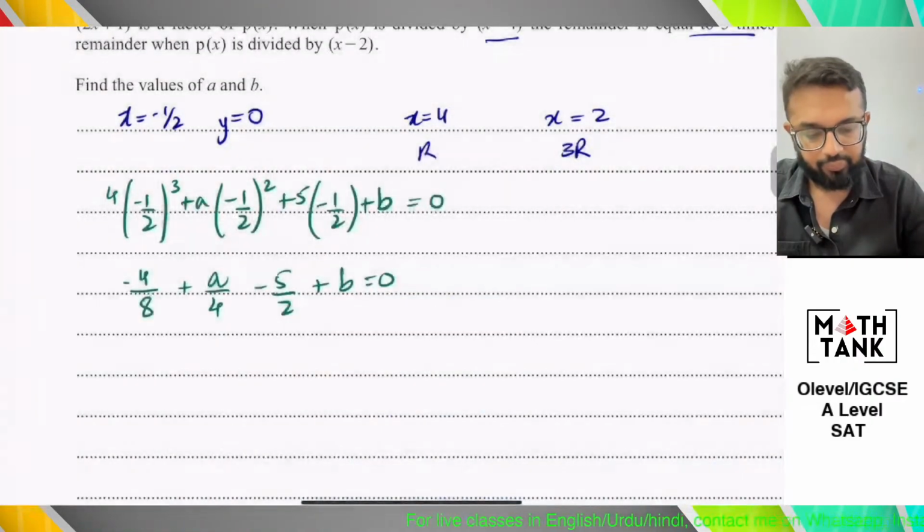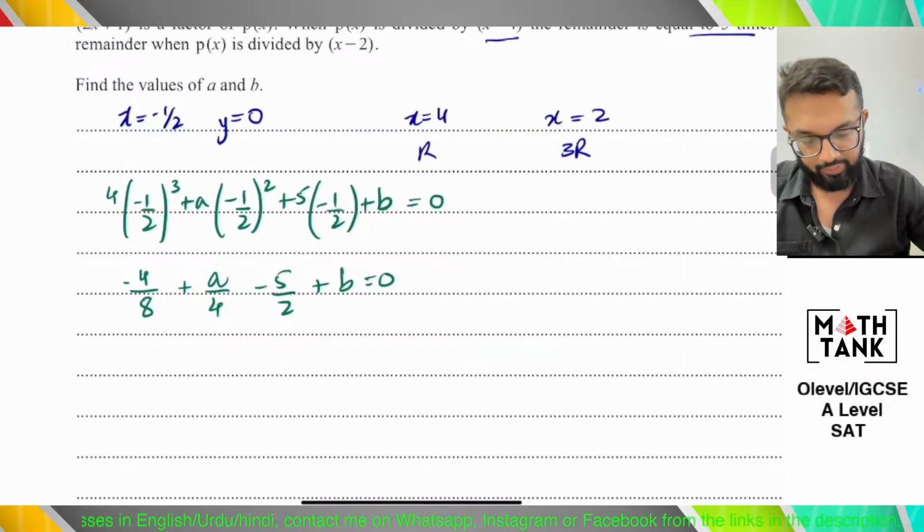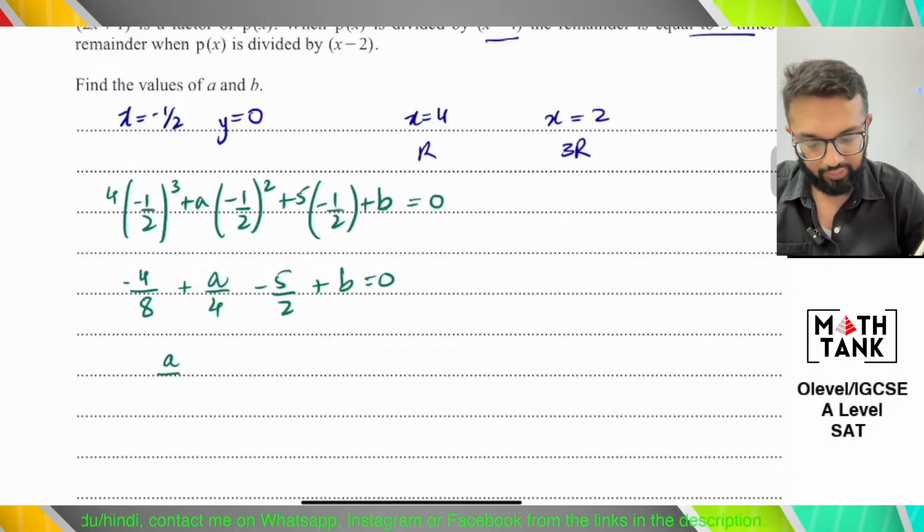So that's minus half minus 5 over 2, which gives me minus 6 over 2, which is minus 3. So a over 4 plus b equals 3. A plus 4b equals 12.